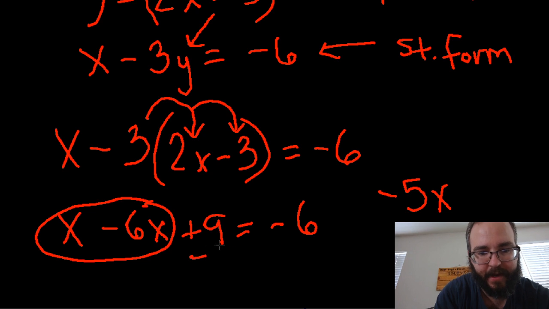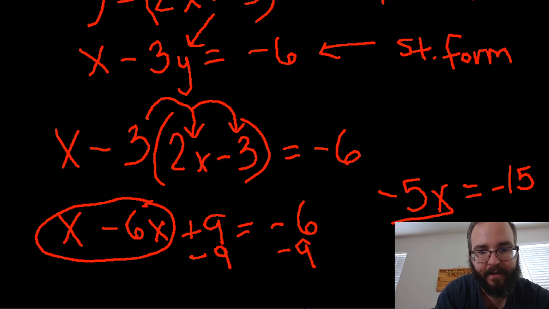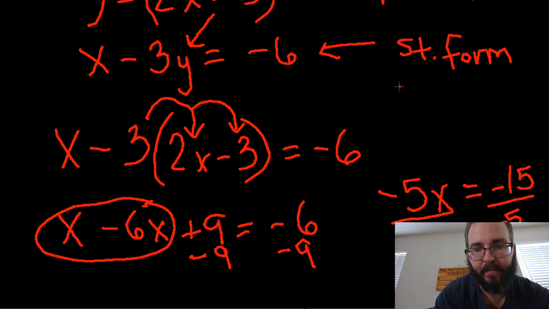Now we're going to subtract 9 from both sides to equal -15. Last step will just be to divide by -5 on both sides. We're going to find out that x is equal to +3.